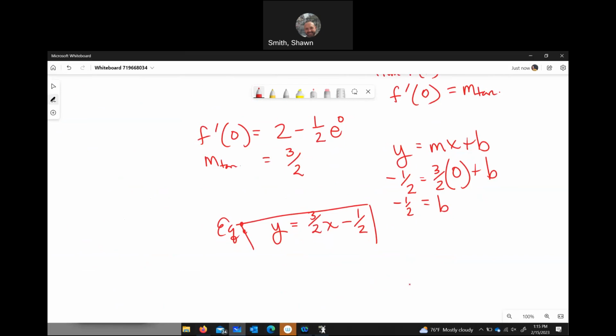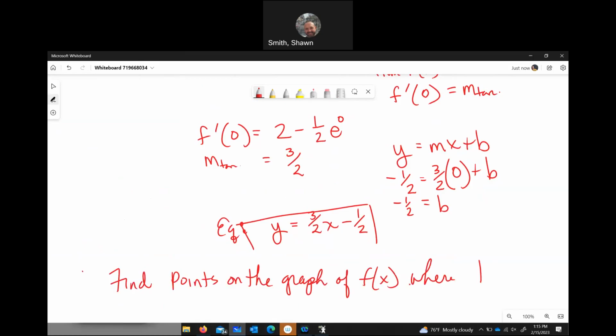All right, so that just led into this question. Find points on the graph of f of x where the tangent line is horizontal.